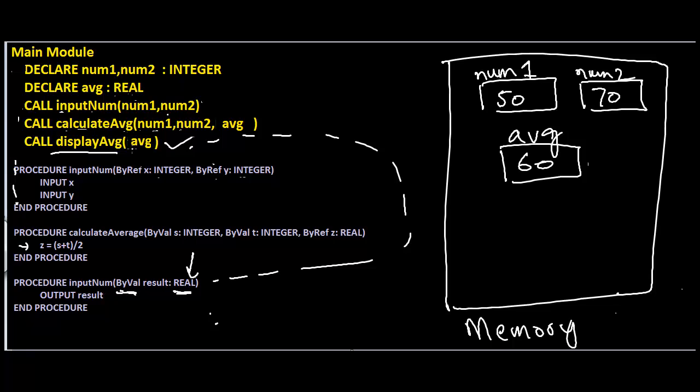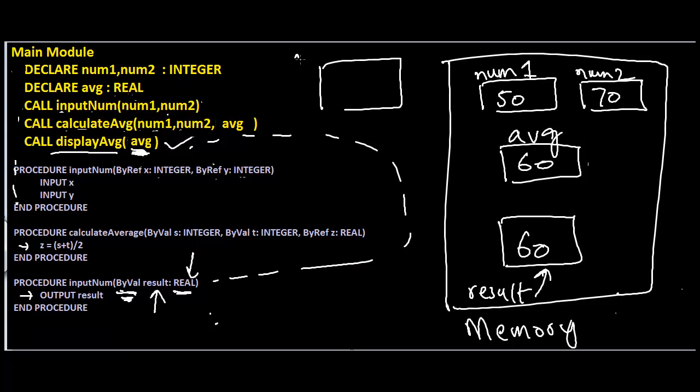So this is the parameter that's being passed, avg. A copy of avg is going to be made, because this is being passed by value, and this result is going to point towards this copy. And finally, when this instruction gets executed, we are going to output result.